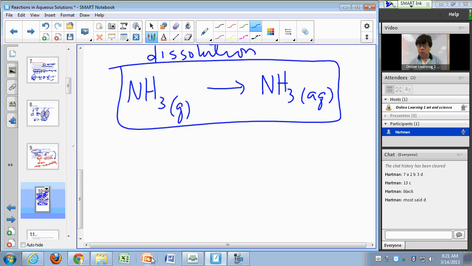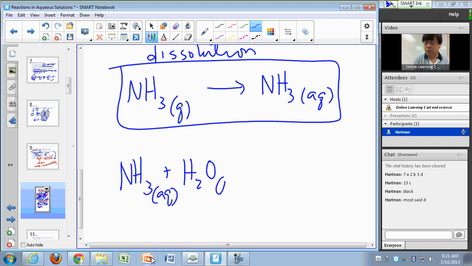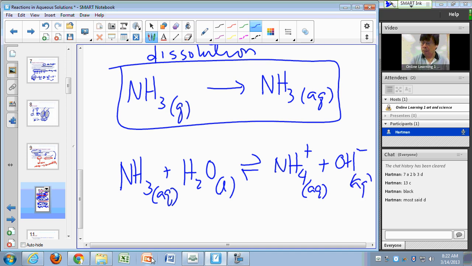What it does though, once it gets in the water, your ammonia will pick up a proton from a water molecule. Once it's in water, it will react with a water molecule to give you ammonium ion plus hydroxide ion. But ammonia is a weak base, so this happens to a very slight extent.